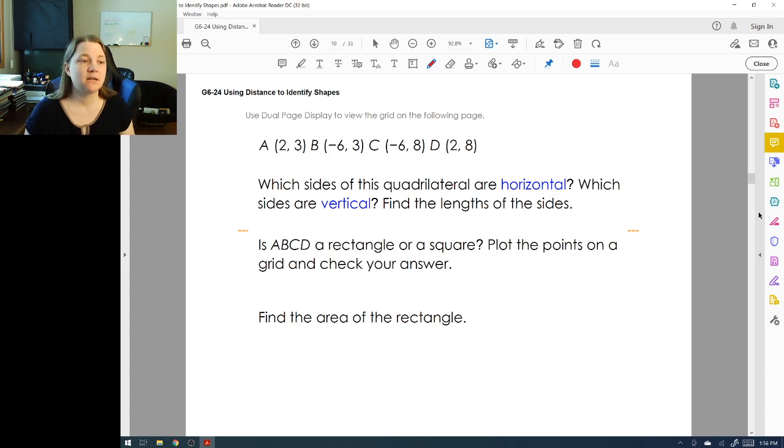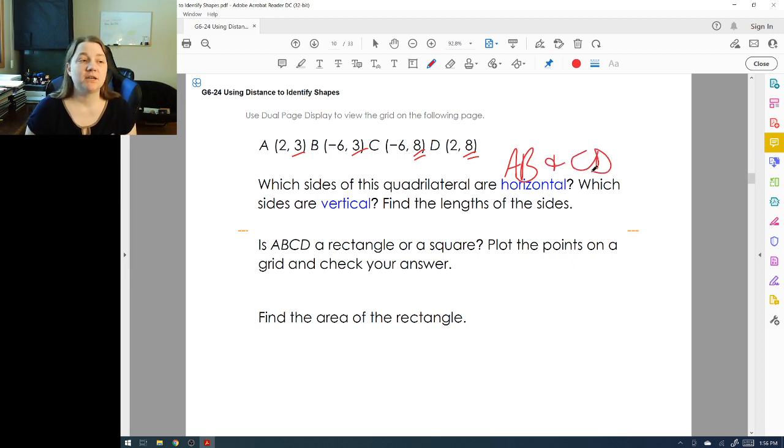So the sides of this quadrilateral that are horizontal are going to be A and B. AB is going to make a line because they both have that same second number. The other pair of numbers that have the same second number is going to be CD.